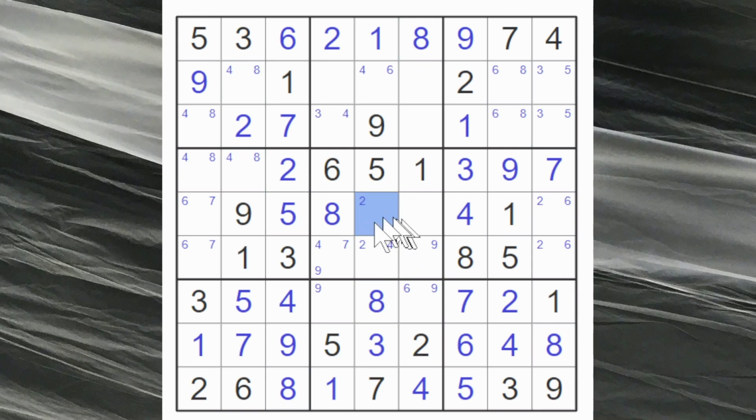This square now can only be a 2 because we have a 1 already, 3, 4 in one of these squares here, and also 4 here, 5, 6, 7, 8, and 9. So this is a 2. Therefore, this is a 2, and I think that this puzzle now crumbles.